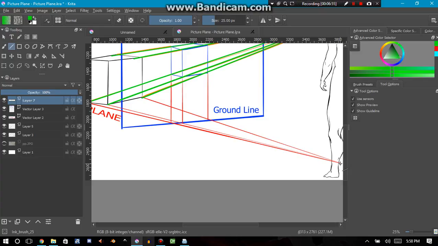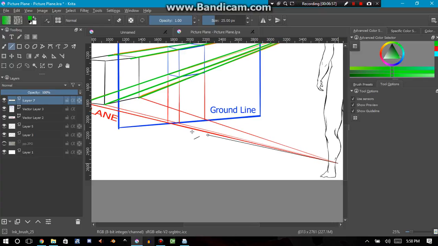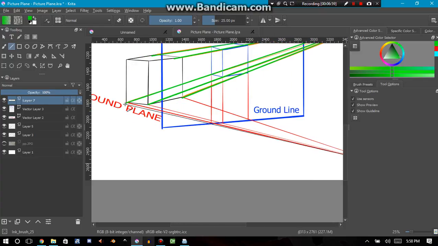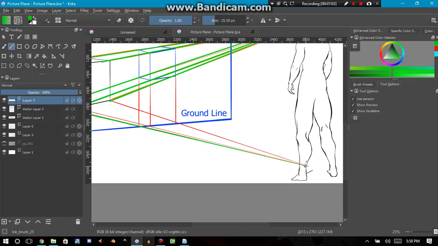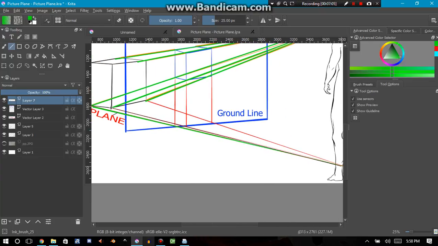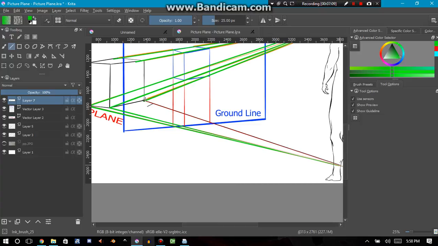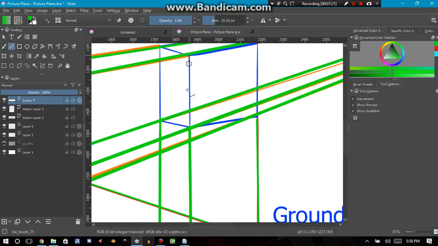And with the ground line, there's a vantage point that basically comes from the ground, and if you line up where things go from the ground to the vantage point, you can see that from the ground line you're able to pull those lines up, and it basically informs you of the width of what your cube needs to be.